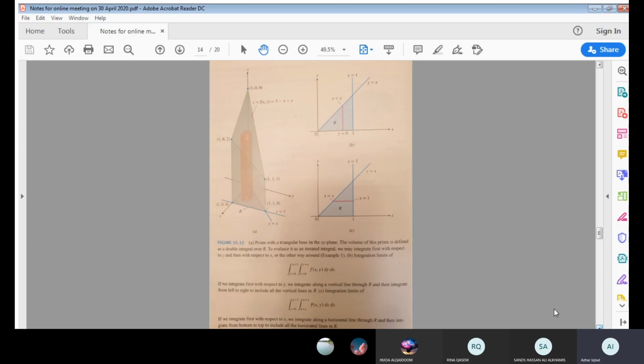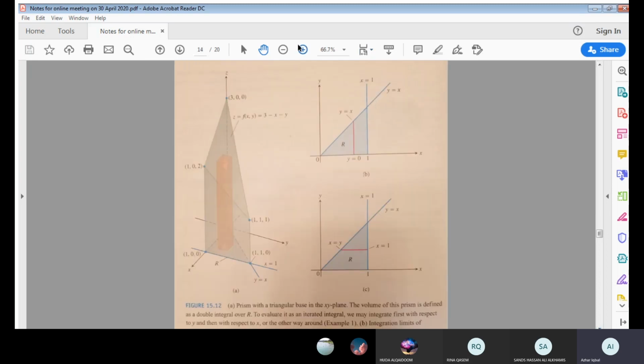Let's look at the region in the xy plane: the x-axis, the line x = 1, and the straight line y = x. The region is bounded by this triangle in the xy plane, and now we have to calculate the volume of this solid object whose base consists of this triangle.